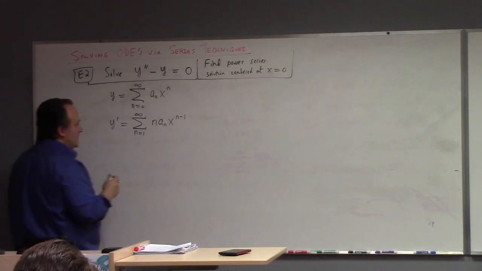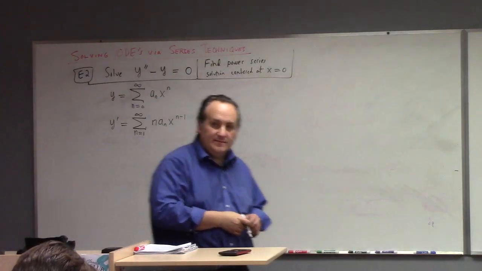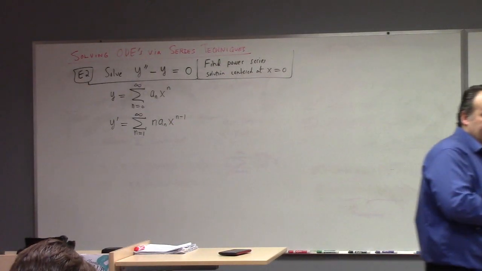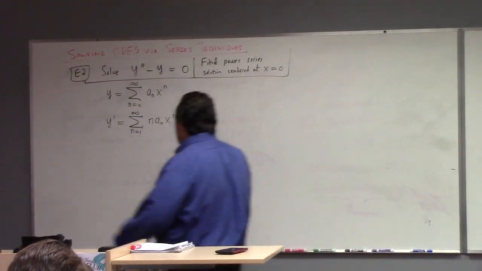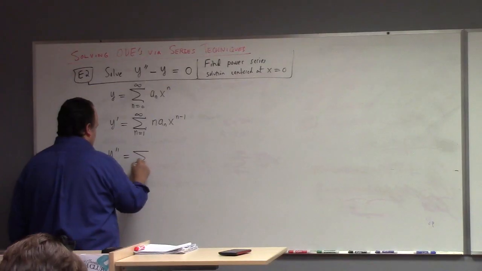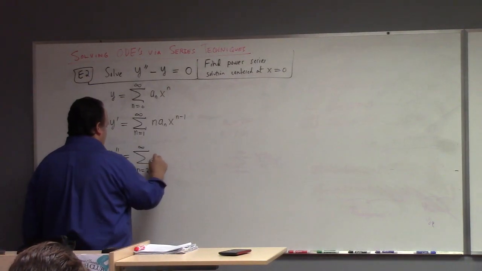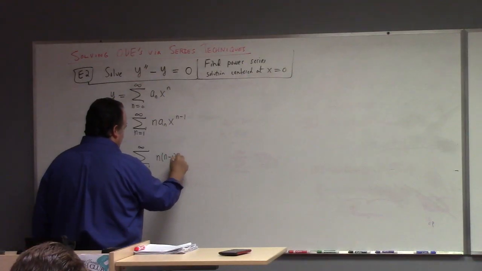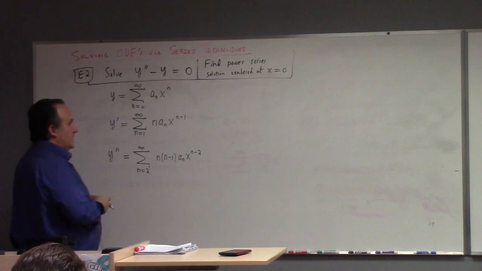This is term by term differentiation. Do you see why we start at 1? Because the other term is 0. Now y double prime is the sum n equals 2 to infinity of n times n minus 1 a sub n x to the n minus 2. All right?